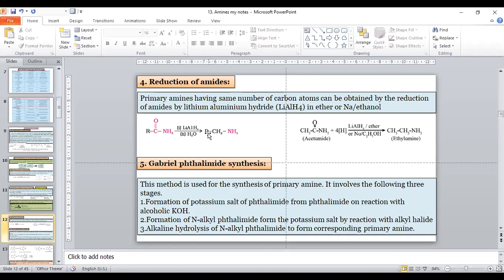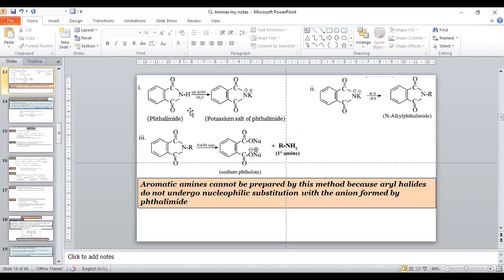So this is a revision of yesterday's lecture, and the Gabriel phthalimide synthesis I also explained. This is a three-step reaction. In the first step, phthalimide is converted into its salt. In the second step, this salt reacts with alkyl halide to form N-alkyl phthalimide, and after alkaline hydrolysis of this N-alkyl phthalimide, we get the primary amine.